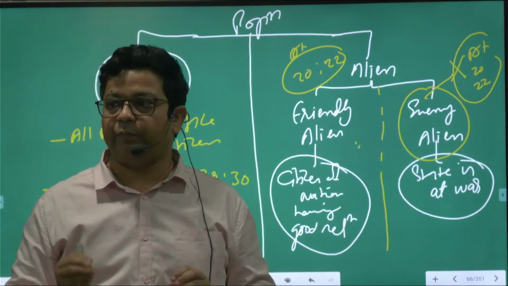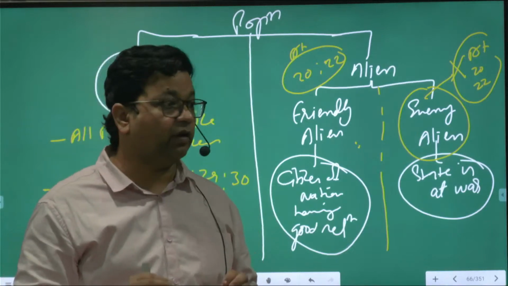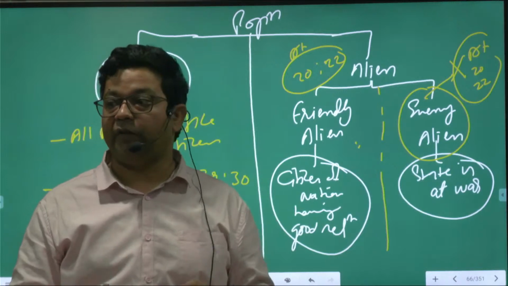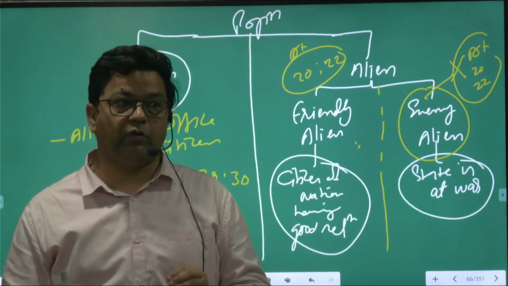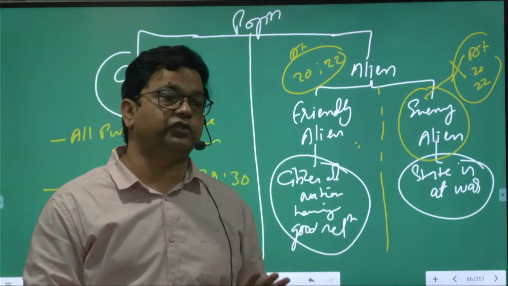So all the provisions of the Constitution under Part 2, that is of citizenship, from Article 5 to 11, only talk about who are citizens at the commencement of the Constitution.